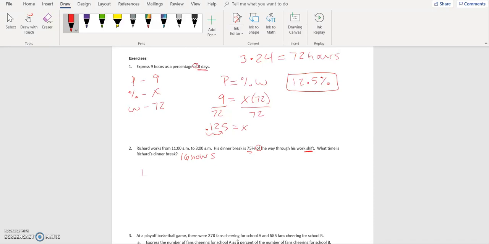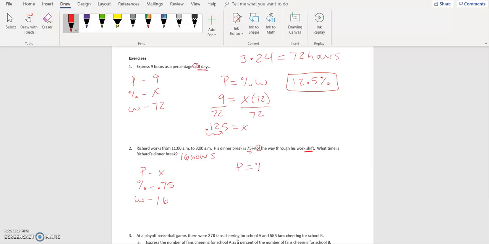So we have our part, our percent, and our whole. The whole shift is 16 hours, and it said 75% of shift. So shift is going to be our whole, 75% of this amount. So this should always be this percent of this amount, and then this is going to be our part.